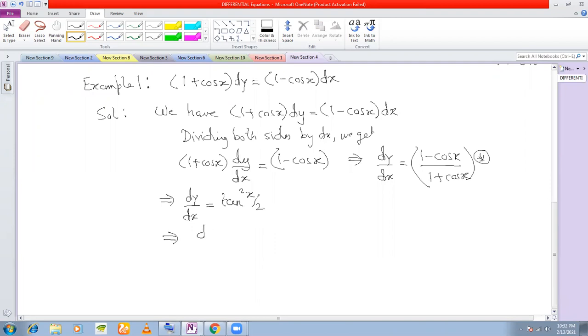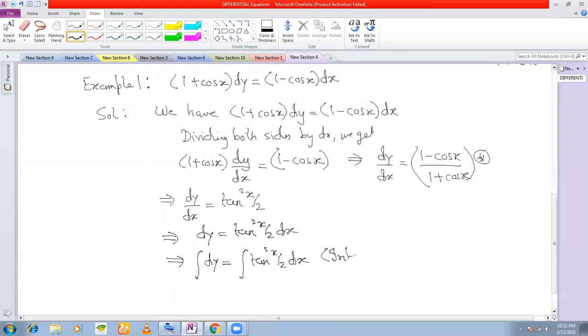That means dy will be equal to tan square x by 2 dx, right? Now integrating both sides, integral dy is equal to integral tan square x by 2 dx, right?